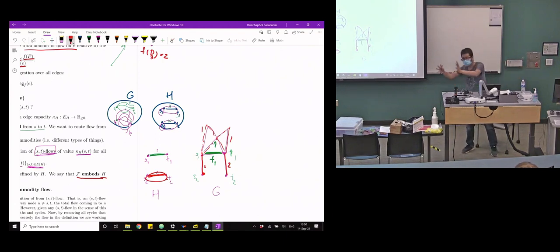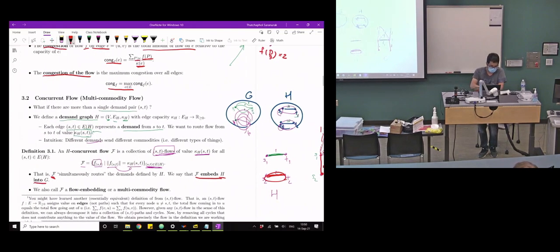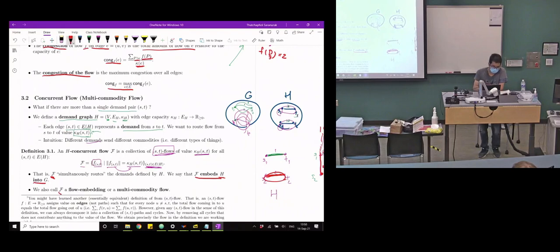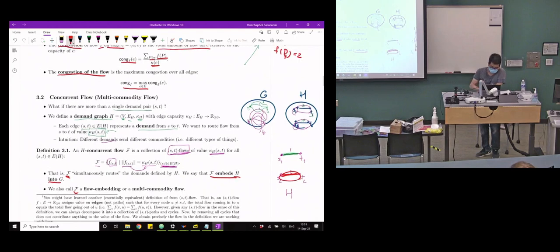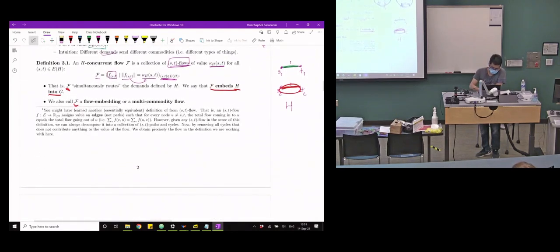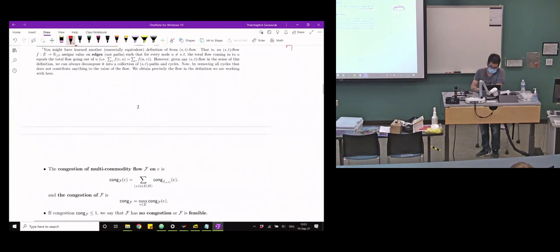H is put into G. So that's why this H-concurrent flow is sometimes called flow embedding. We can also call it multi-commodity flow.